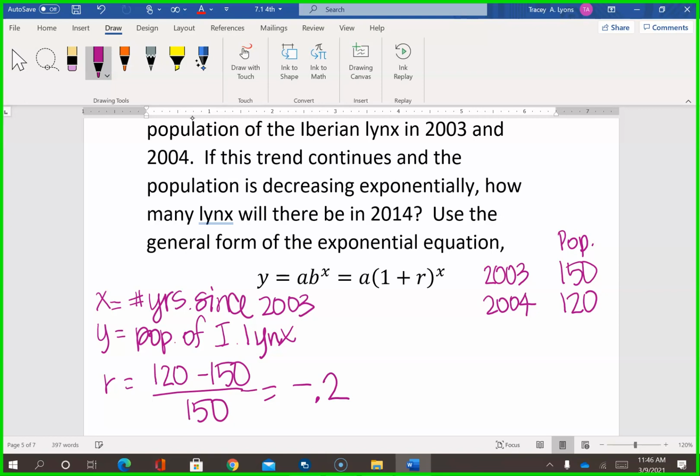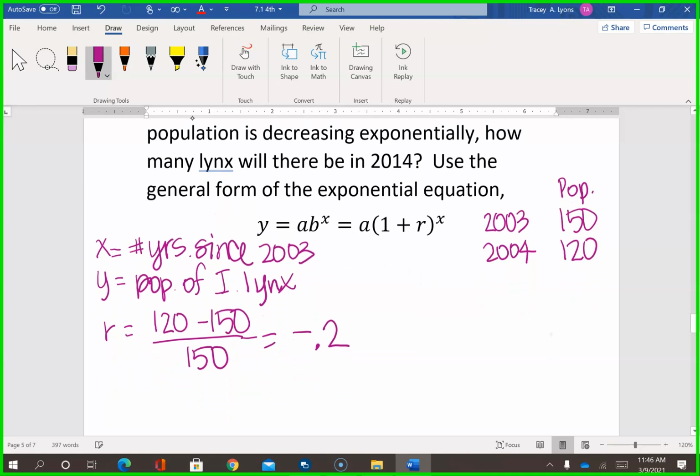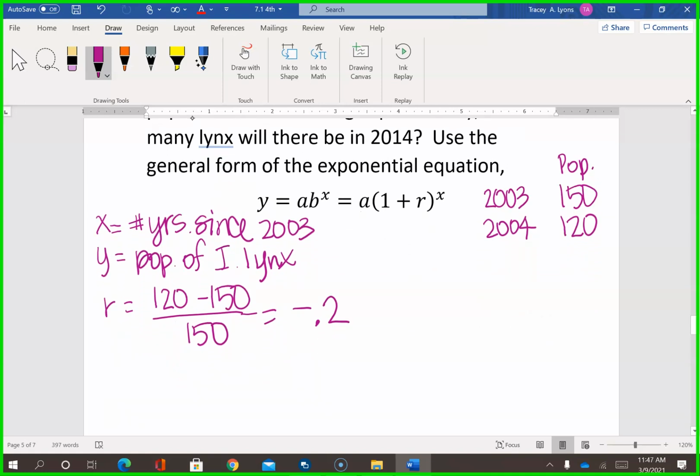So now we are ready to put things into the formula. I'm going to use this one. I think the book simplifies this and does their B value and uses the middle one. So just in case you're wondering where they got stuff, I'm going to start where the formula is so you don't forget anything. Y equals, what we started with was 150. So at year 1, there were 150 of these animals.